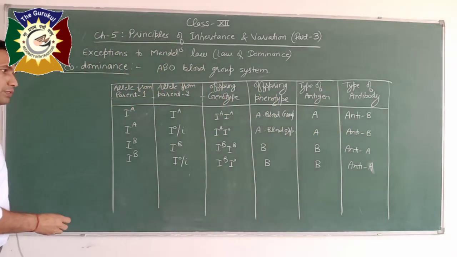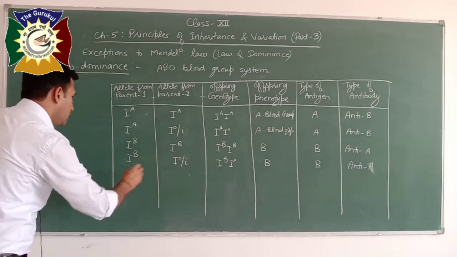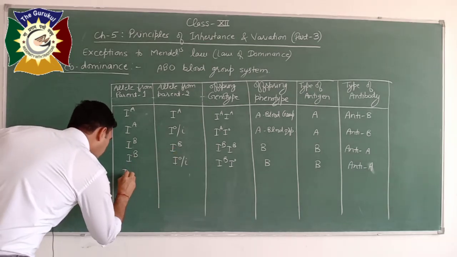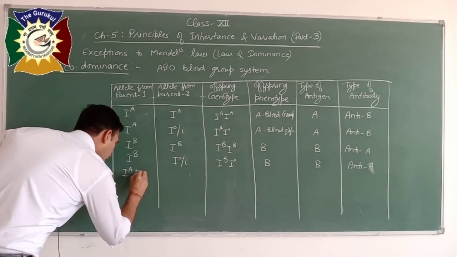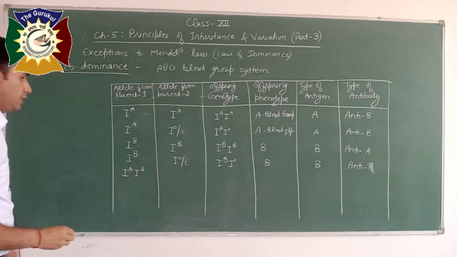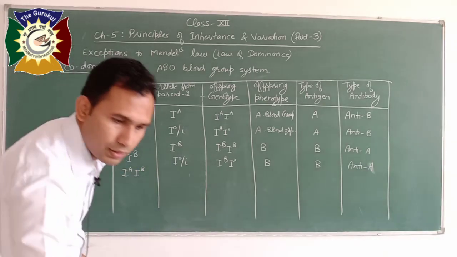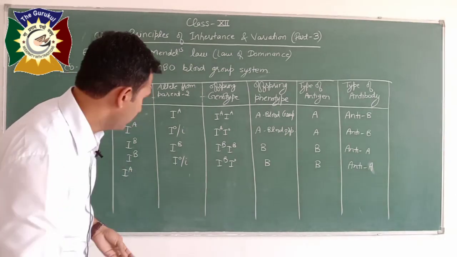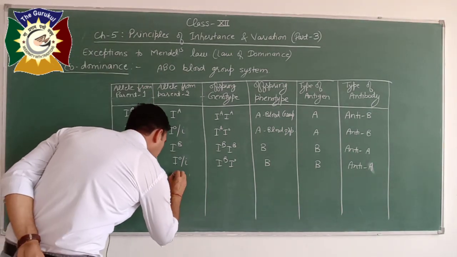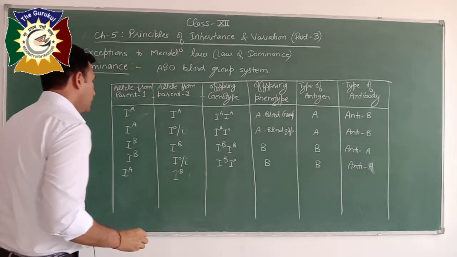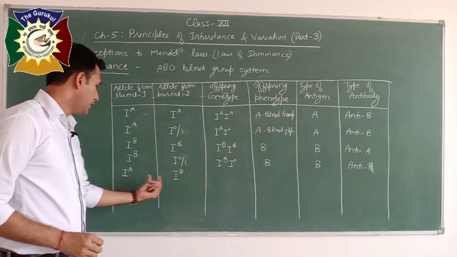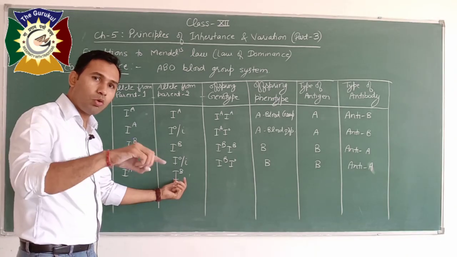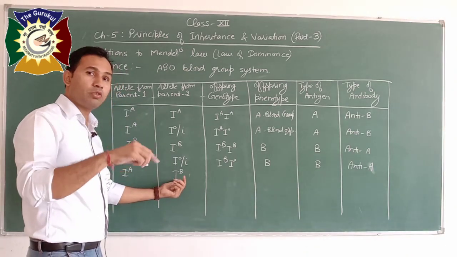Now come to the fifth combination. If one parent gives IA and another parent gives IB, as we have already discussed, IA and IB both are co-dominant, means both are going to express.